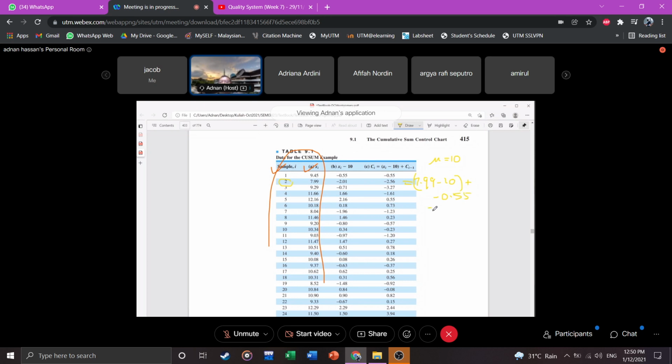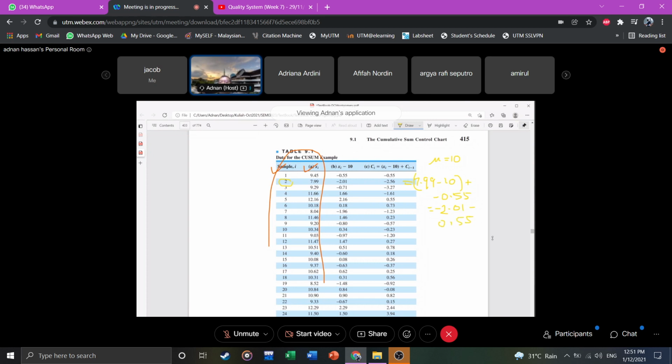So this is the value that we get from here. So from here you got 2.01 plus 2, minus 2.01, minus 0.55.